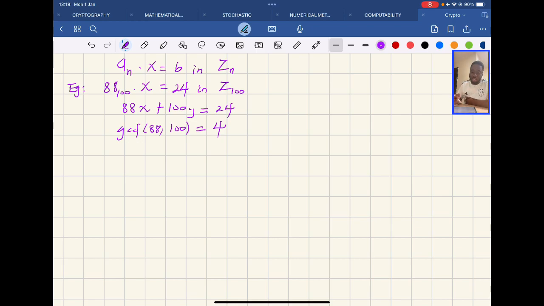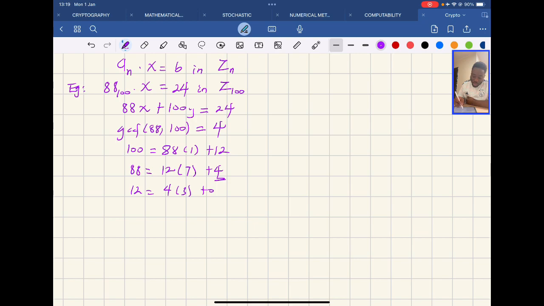So if an integer solution does exist, we have to go to the Euclidean algorithm. So you're going to get 100 is equal to 88 times 1 plus 12. Then 88 is equal to 12 times 7 plus 4. Then 12 is equal to 4 times 3 plus 0. So indeed, the GCD is 4.